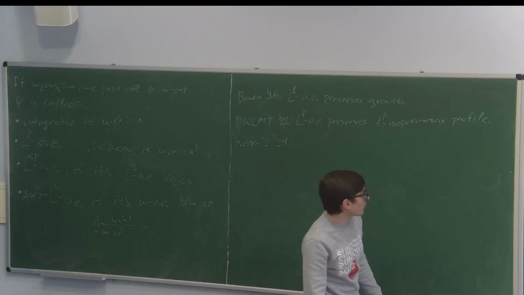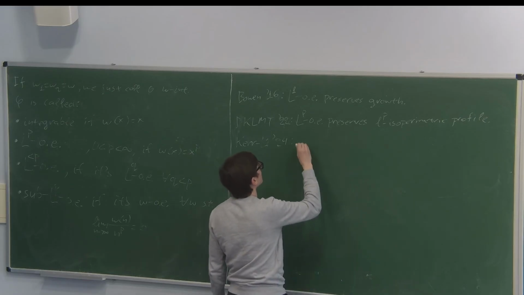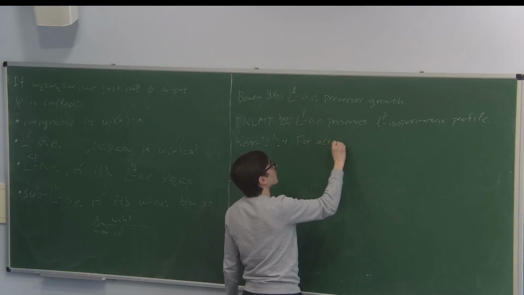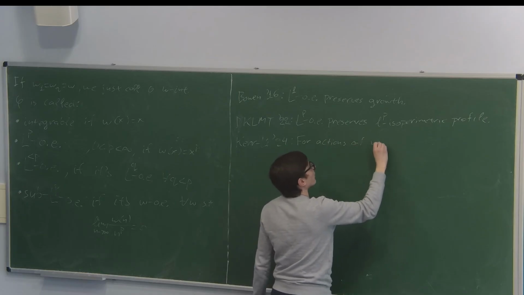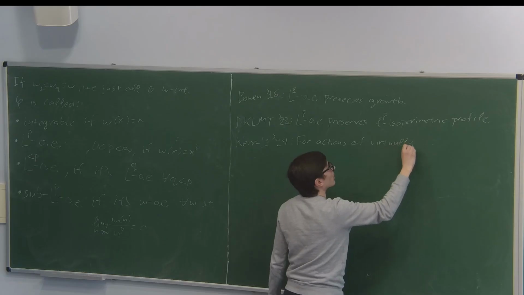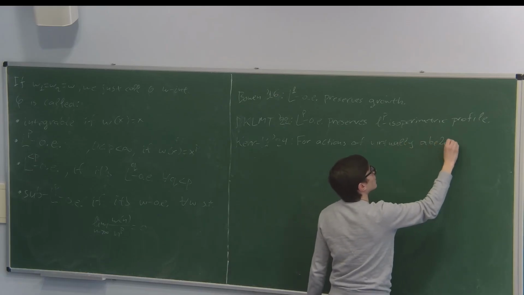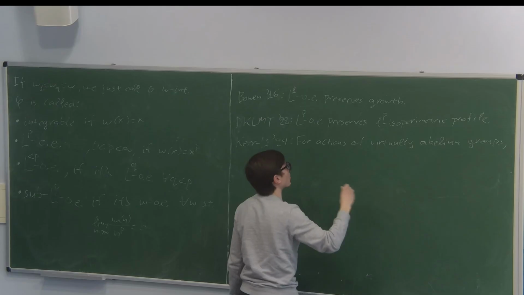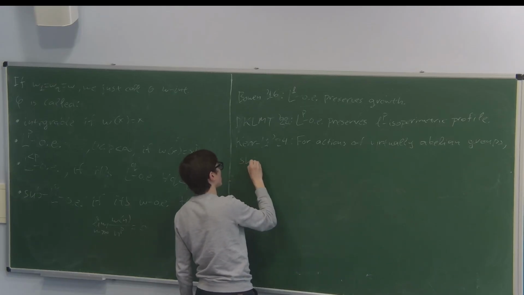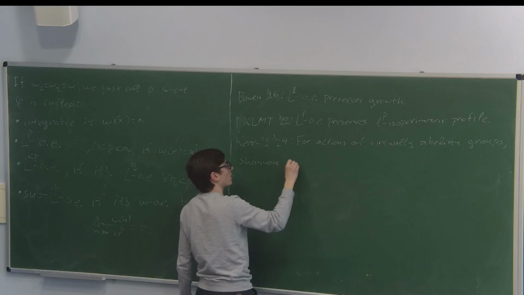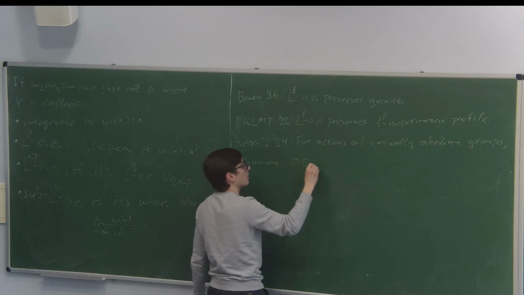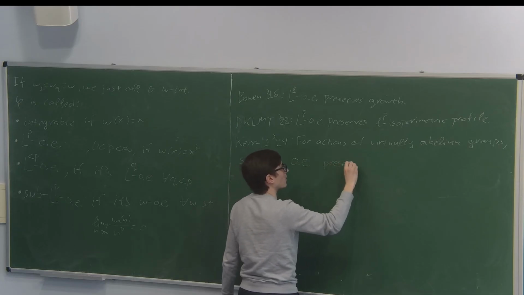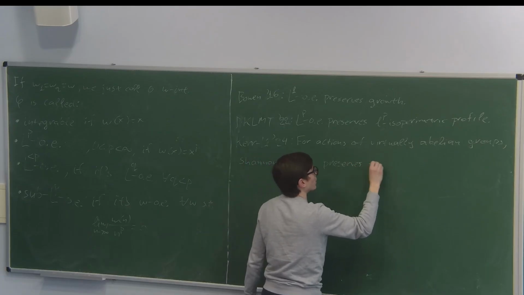If I look at actions of amenable groups, Shannon orbit equivalence, Shannon OE, preserves entropy, topological entropy.